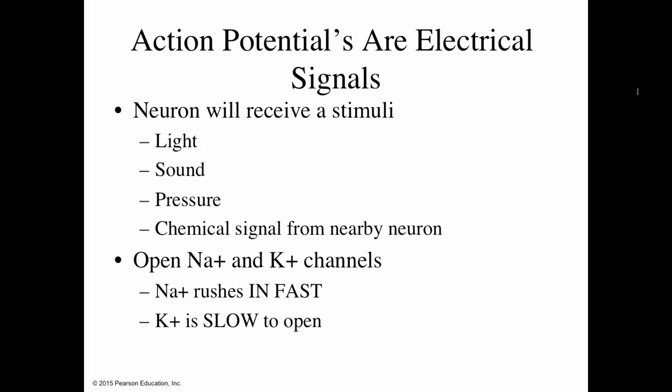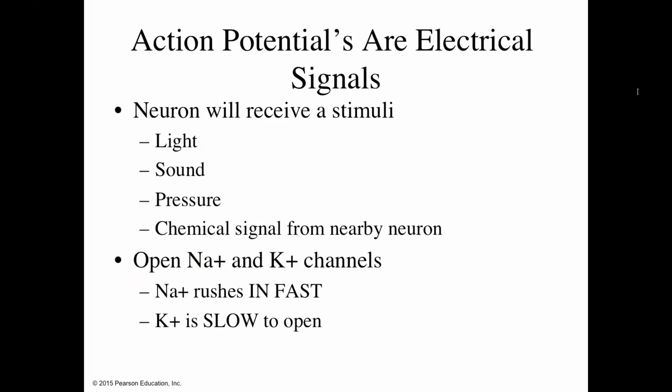So all of the sodium that's outside the cell is going to rush into the cell because there's less sodium in the cell. The potassium is the second thing that moves. Again, the first thing that moves is sodium through a sodium channel. Then we're going to open up potassium channels. Potassium channels are slower to open. Potassium channels will open, and potassium will leave the cell.